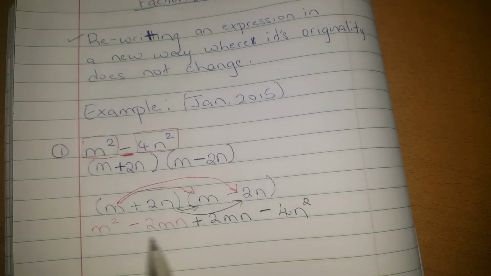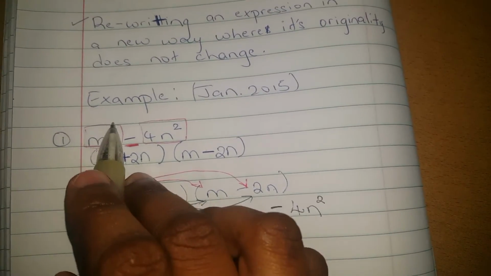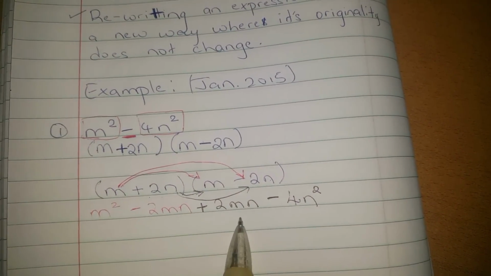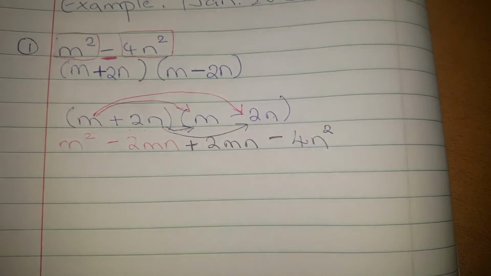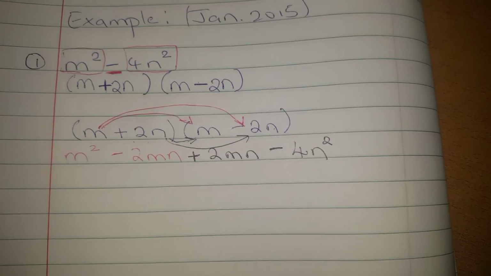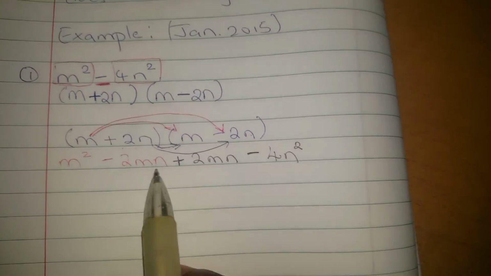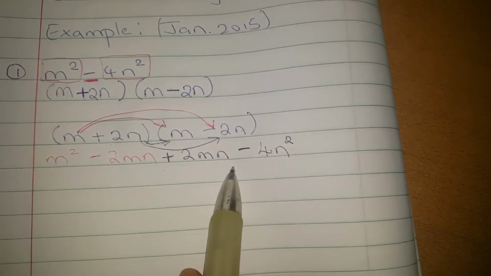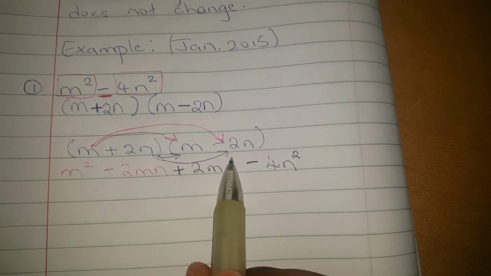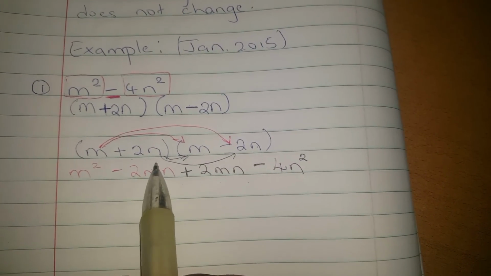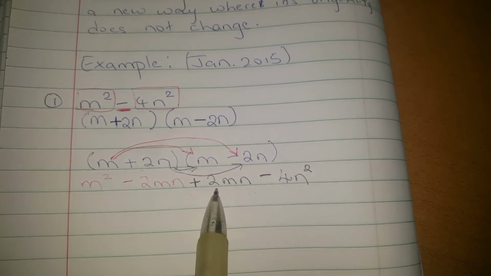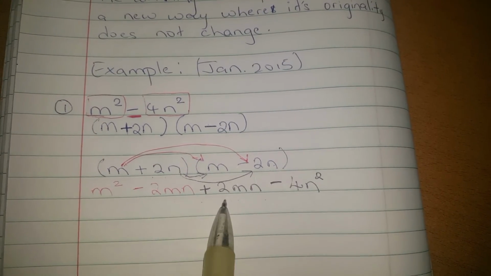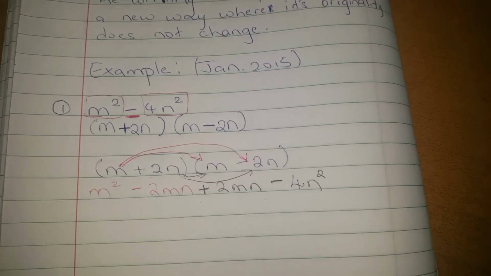So we picked up what we originally had, but there's something in between. We look if these are like terms. Yes, we have m and n in both terms, and they both have an individual power of 1. They also have coefficients here, positive 2 and negative 2.